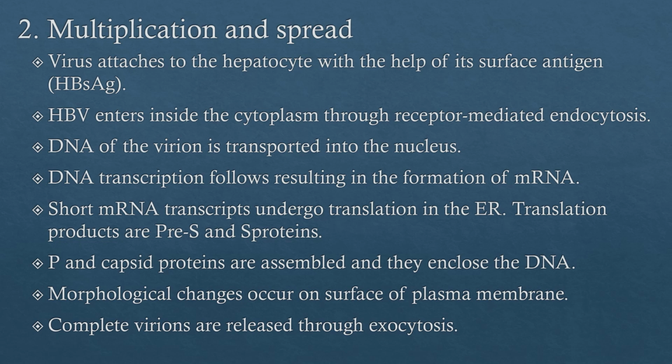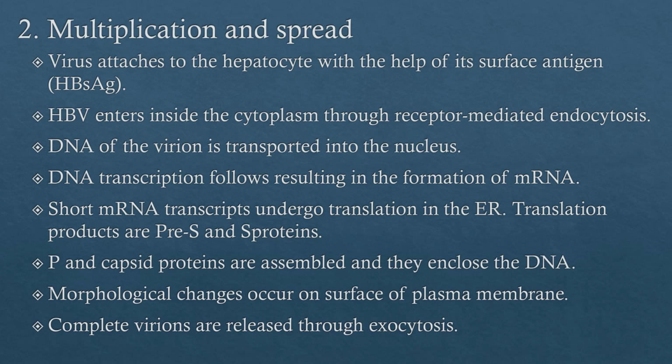The DNA of the virion is transported into the nucleus. DNA transcription follows, resulting in the formation of mRNA. The short mRNA transcripts undergo translation in the endoplasmic reticulum. The translation products are pre-S and S proteins. P-protein translation occurs in the cytoplasm and is coupled to capsid protein formation.